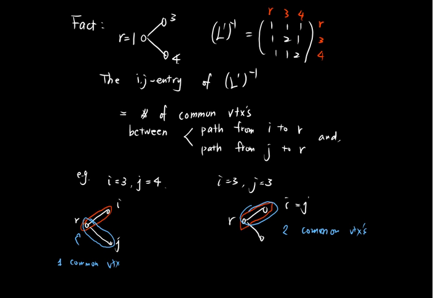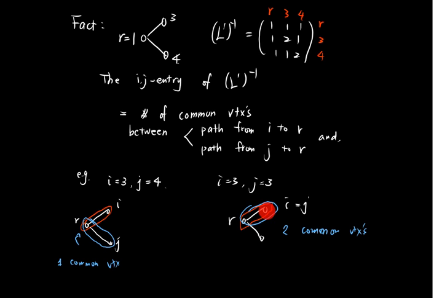So this is called the bottleneck matrix, and the reason it is called the bottleneck matrix is because all the vertices want to go back to R. From I to R, J to R, and you are looking at the bottleneck part, which is the common vertices. Every path will come back and merge together. When you merge together, that's the bottleneck part. Everyone wants to pass through this part.